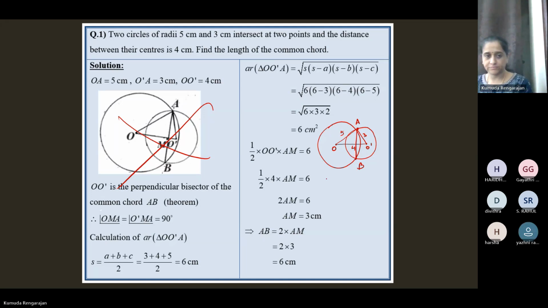And this point is M. Please draw this figure. All of you, please draw the figure and zoom in.